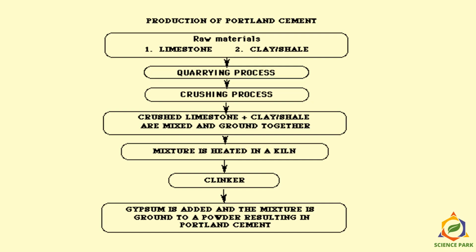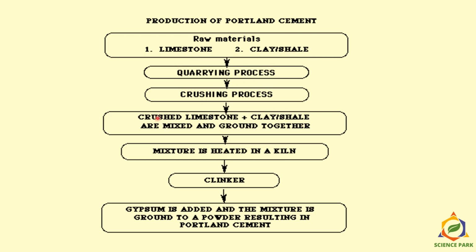Now let's see production of Portland cement, one type of cement, where the raw materials that we use for production of cement are limestone, naturally occurring stone, and calcite. Quarrying is done, then crushing of these materials.